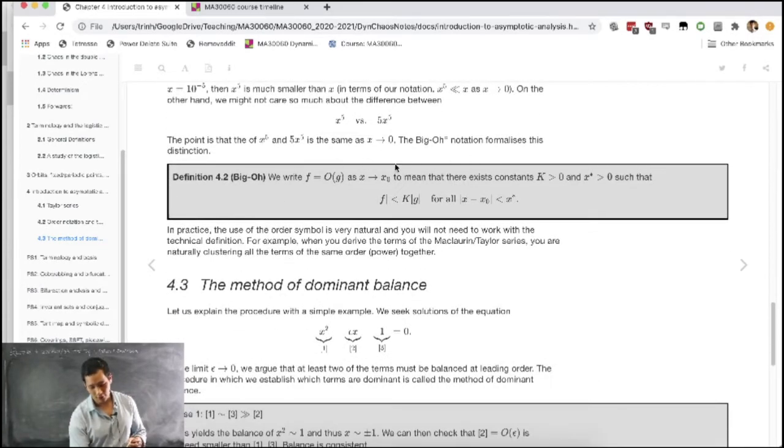Now, I can just tell you definitively you're never really going to need to use this big O notation because there's a much looser version of it that we're going to be using. But I'll read out to you the definition nevertheless.